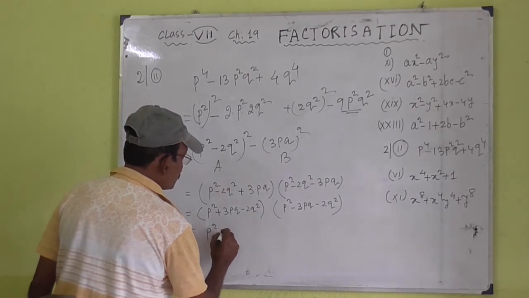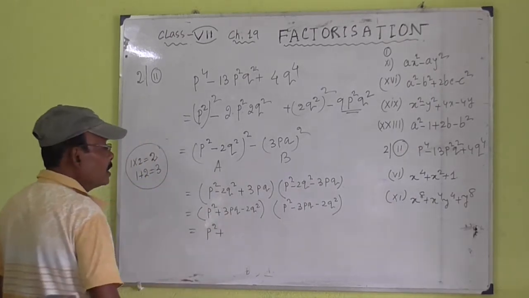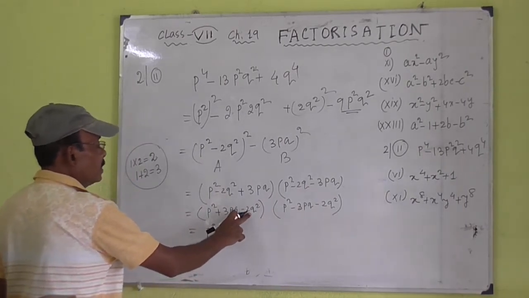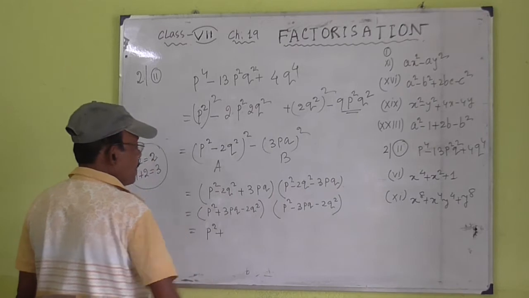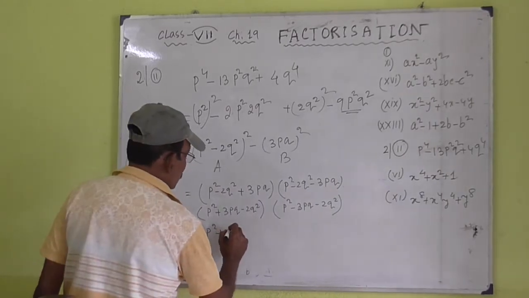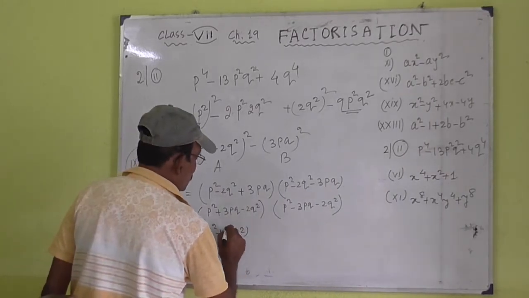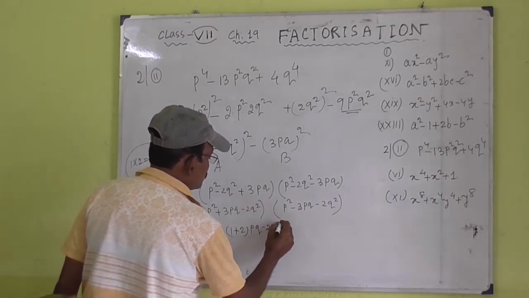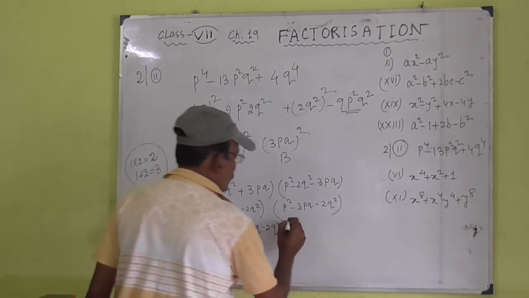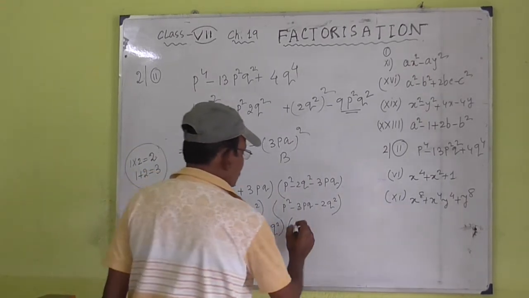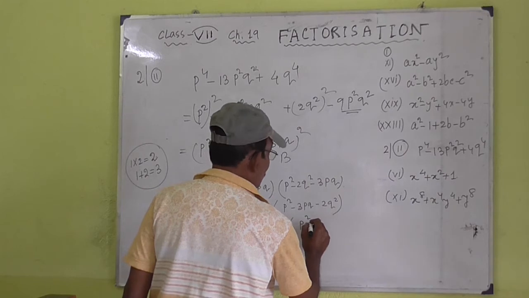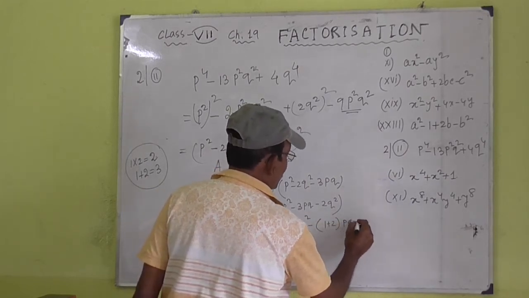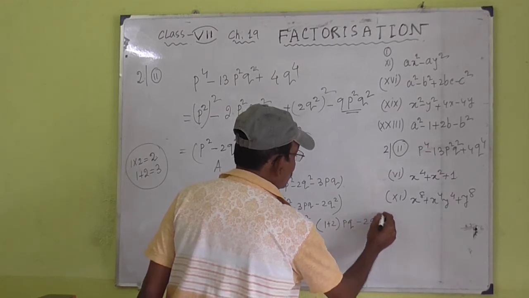So we must try to break this 3pq with the help of 2q square and p square. So p square minus 1 plus 2 pq minus 2q square.